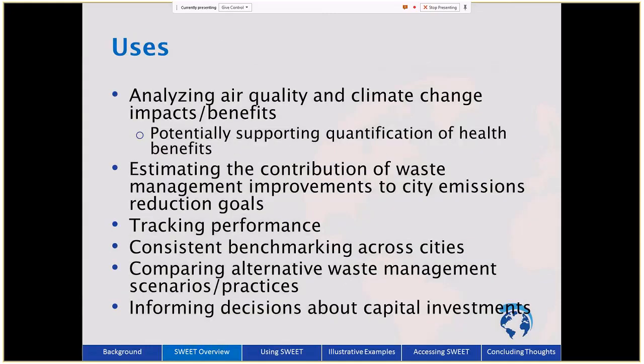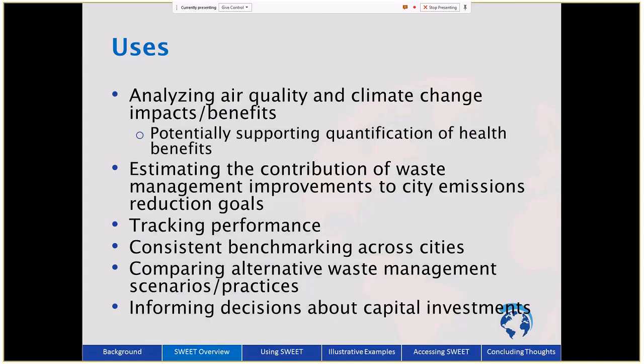The outputs generated from this tool, the emissions outputs, can be used for a variety of purposes. First and foremost, these outputs are useful for analyzing the air quality and climate change impacts or benefits of different policies or projects or programs.